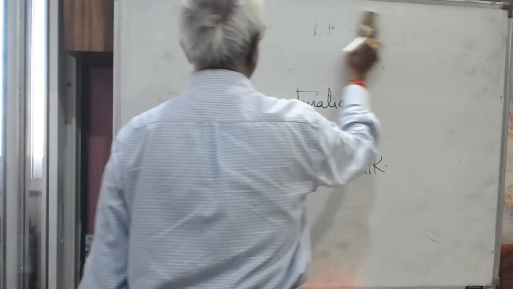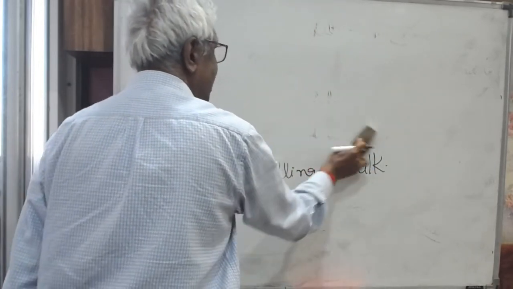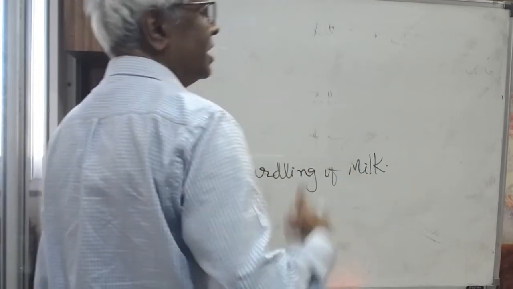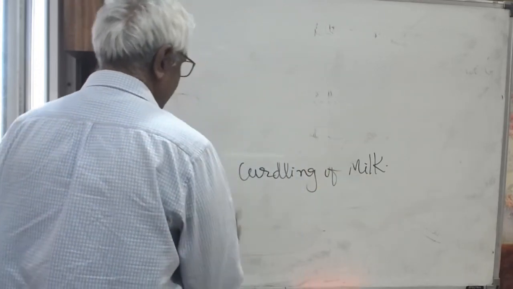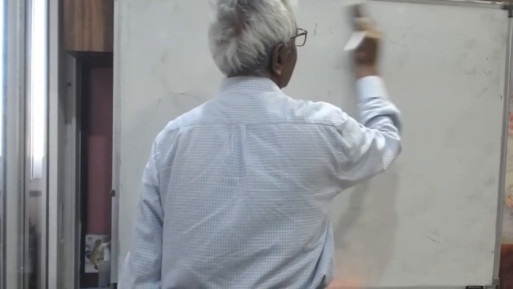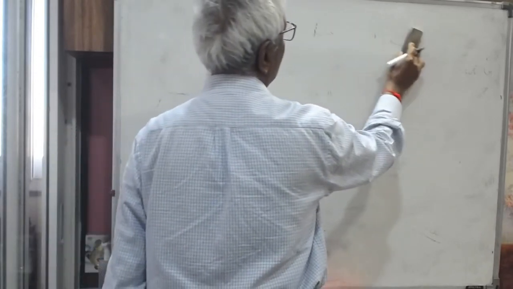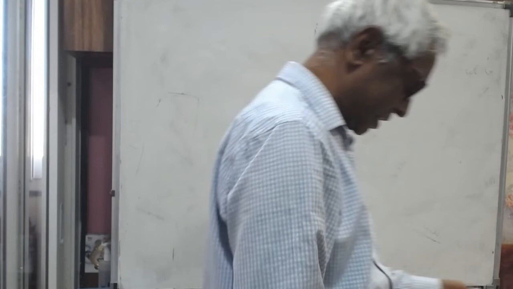So denaturation doesn't change the primary structure. From the natural protein, the secondary, tertiary and quaternary structure is destroyed, and thereby the protein loses its biological activity. That is called denaturation of protein.